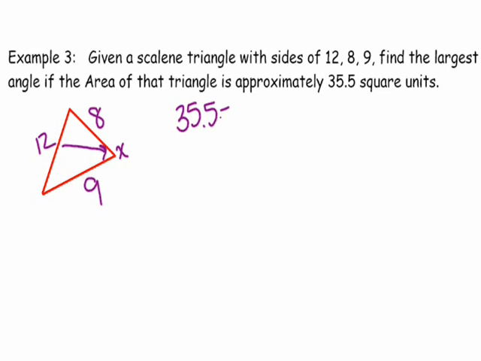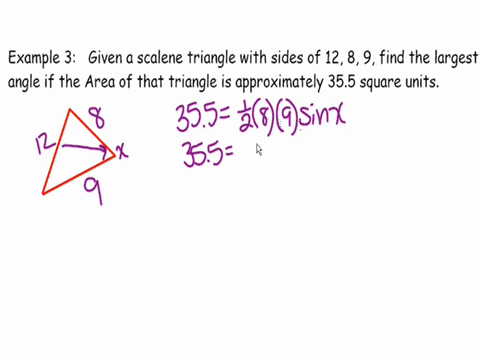The area, 35.5, is equal to 1/2 the product of the two sides times the sine of the angle. Now you need to be very careful how you solve this. You need to go ahead and multiply these all together. So 1/2 times 8 is 4 times 9 is 36. So 36 sine x.